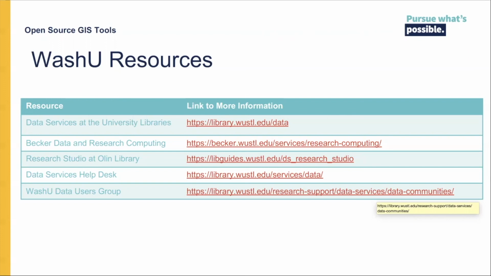We have help desk hours between 2 to 4 on Monday and Tuesday, and between 10 to 12 on Wednesday and Thursday. And then every month we have a data users group in which sometimes the subject is open source data. So feel free to find more information about this on our Data Services website.